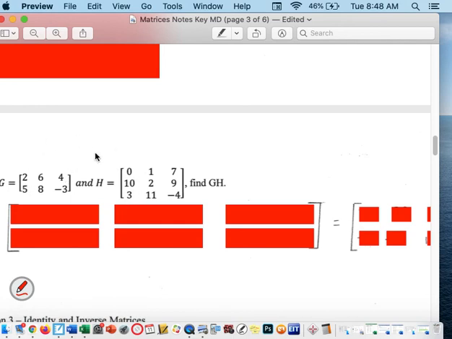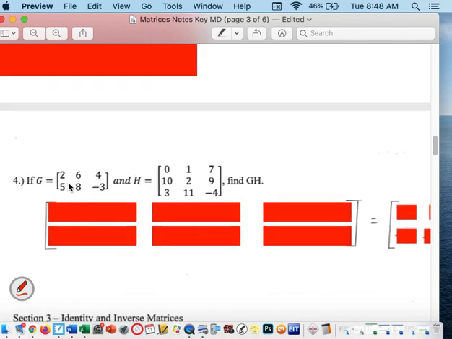And then 2 times 1, 6 times 2, 4 times 11. Stick with your first row here and take it times each column. Then go to second row times each column. I'll write out the first one.